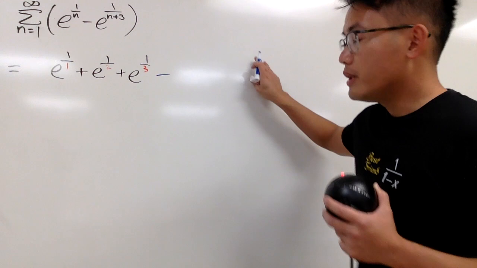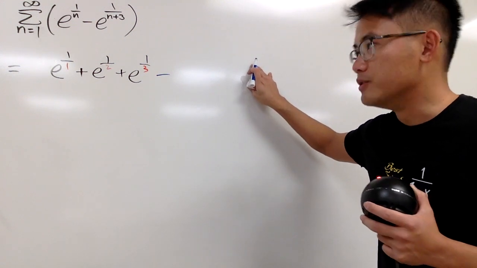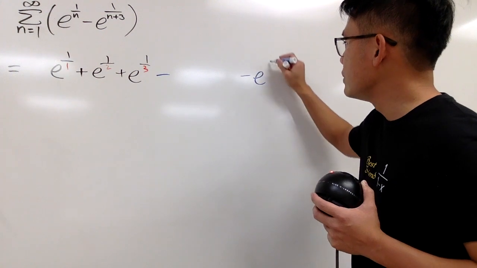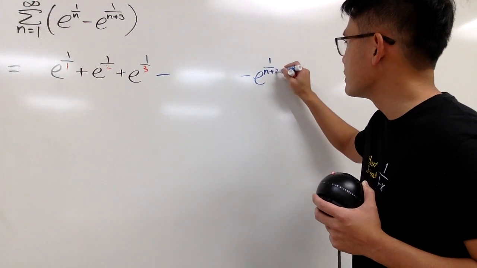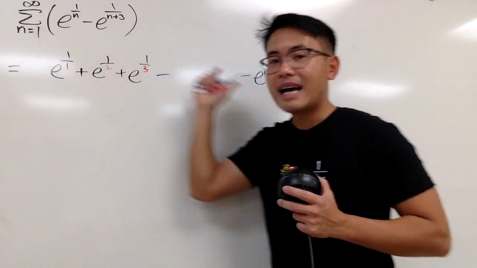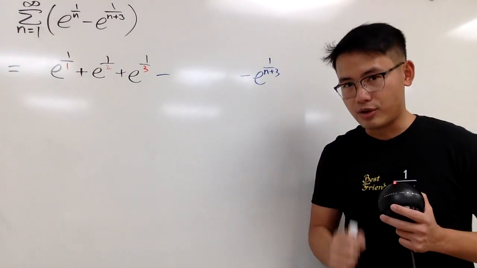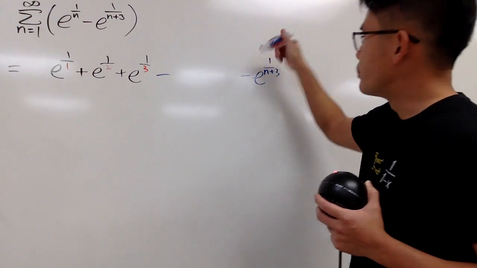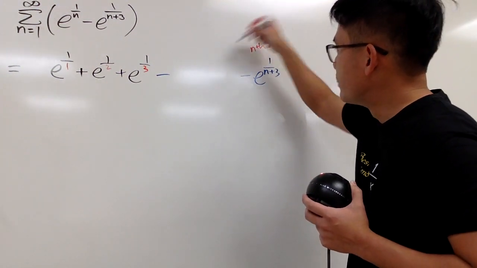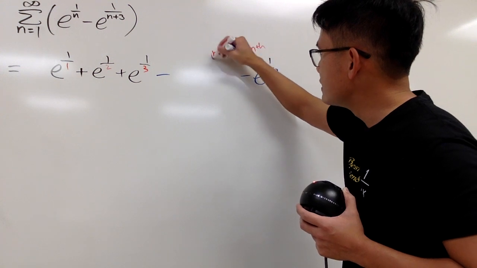And usually you want to write down the nth term for the nth partial sum. So in the end here, I want to subtract e to the 1 over n plus 3. Remember, it's this right here, right? This is the last term that you will have on the nth term. Well, in the previous term, let me just write this down for you. This is the nth term. The previous term will be the n minus 1th term.